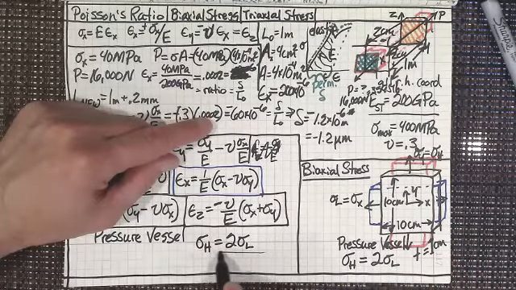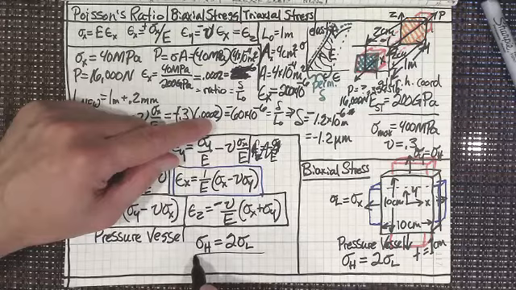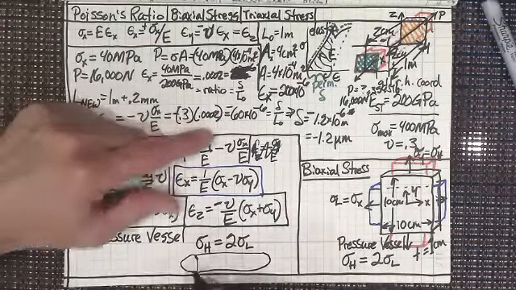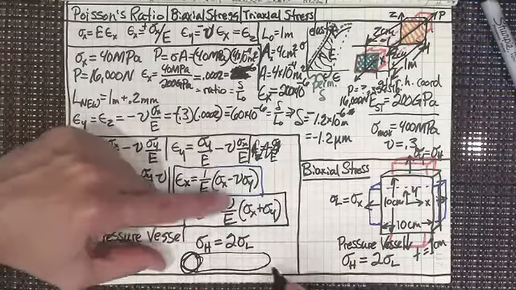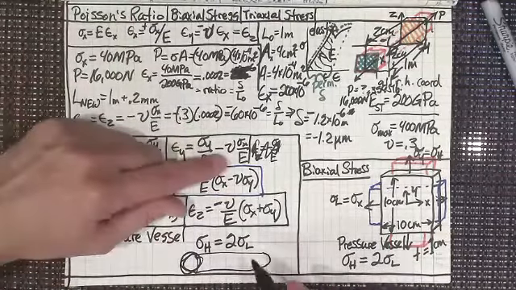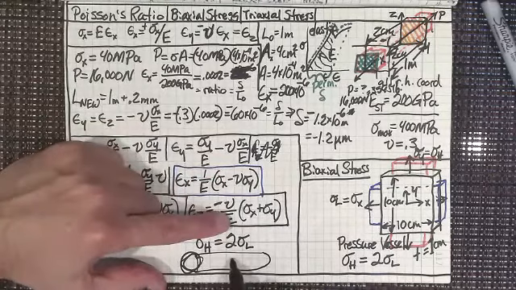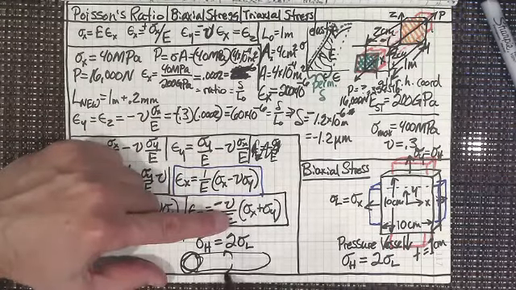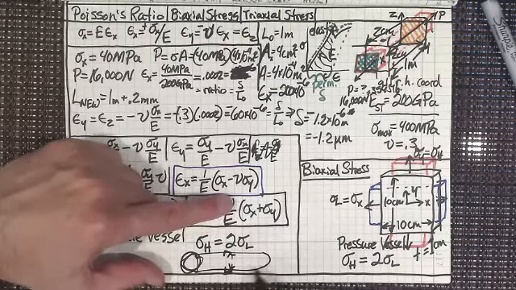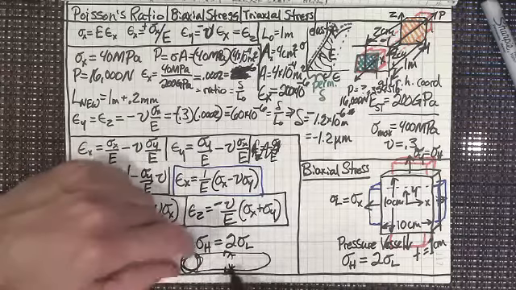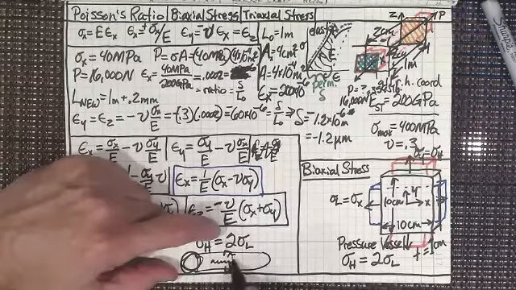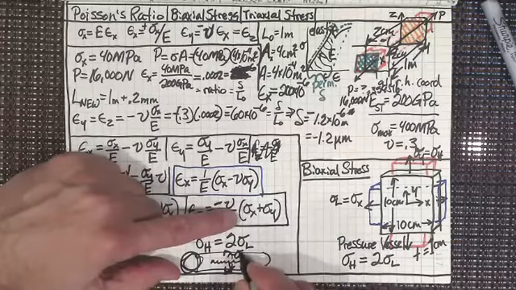That means that if I have a scuba tank like this, right? There's the end of it. And it's not a very good drawing, as you can tell. This is the hoop stress. This is the thing that's tending to pull the tank apart, because I'm filling it up with air. It wants to break right around here. So this is my hoop stress.